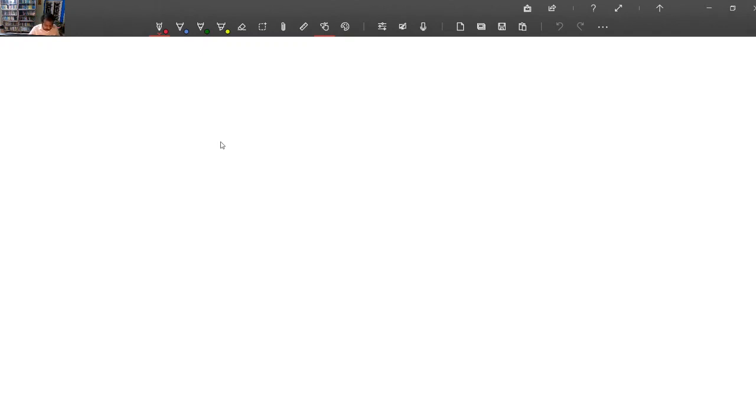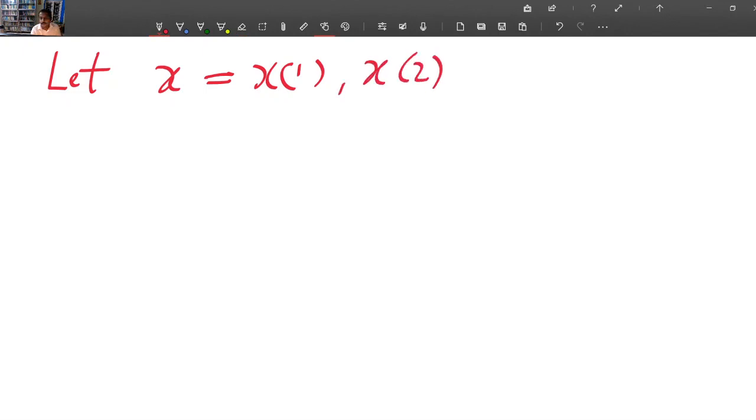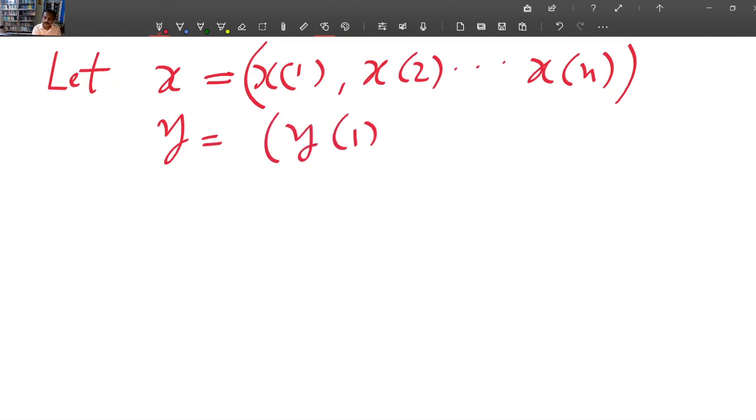For the 1 norm, consider x to be x of 1, x of 2, etc., x of n, and suppose y equal to y of 1, y of 2, etc., y of n.